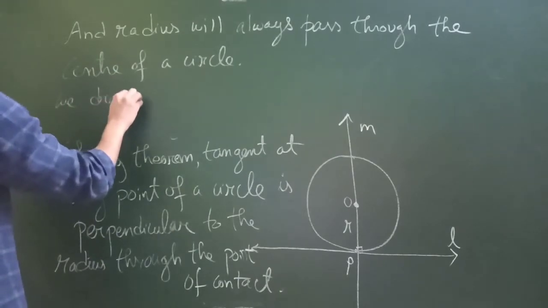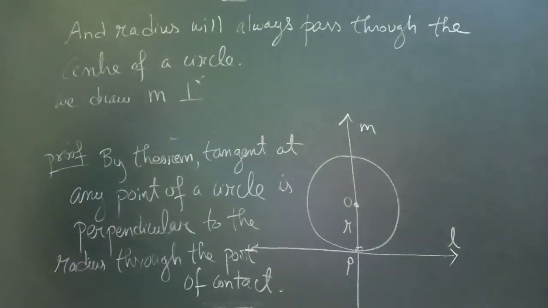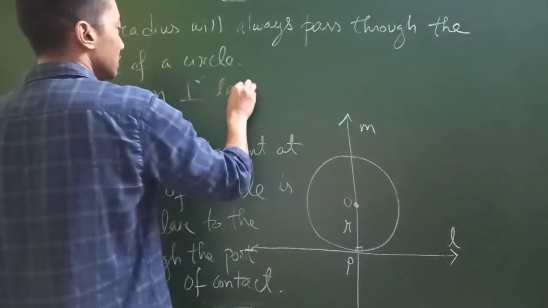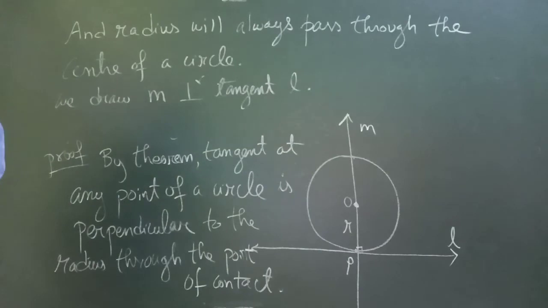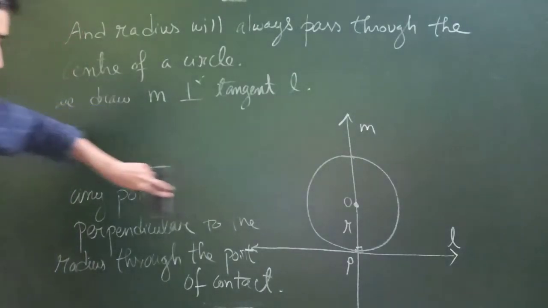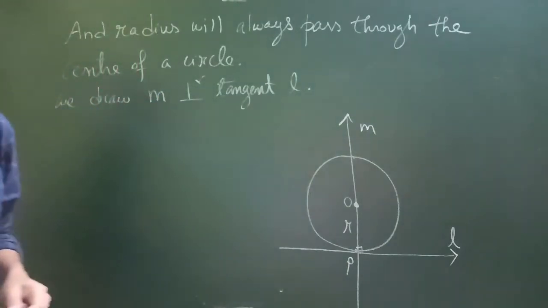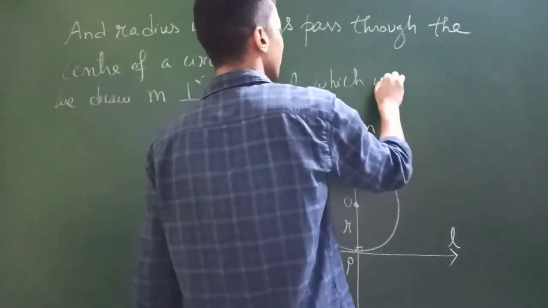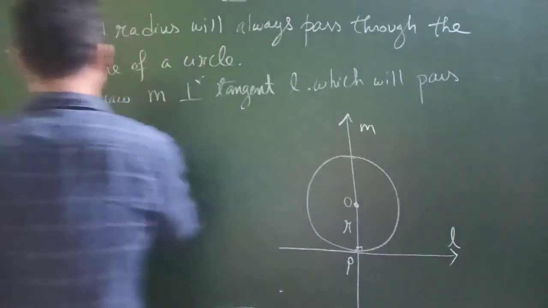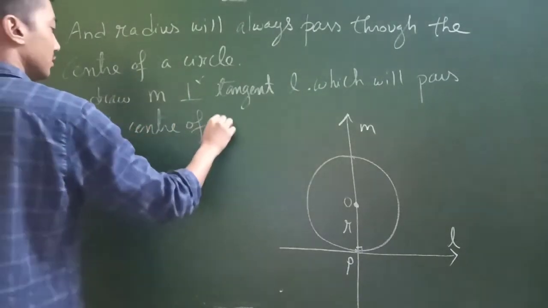So what we do is we draw M perpendicular to tangent L. Okay, we draw M perpendicular to tangent L, that perpendicular line to a tangent, which will pass through the center of the circle.